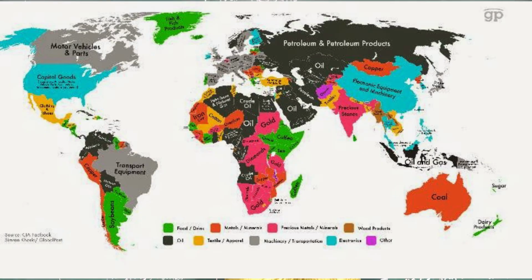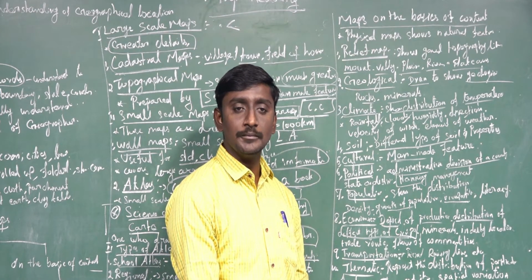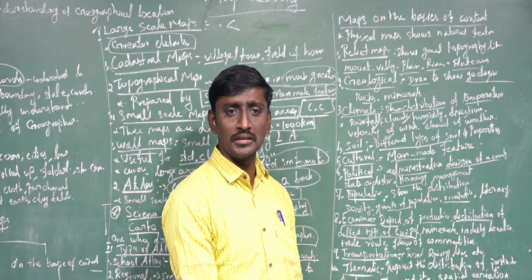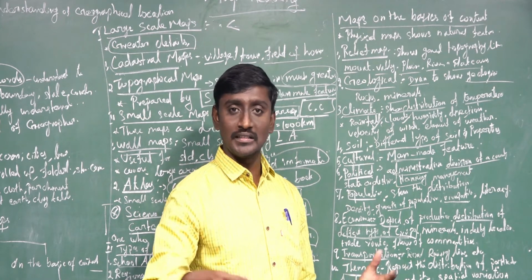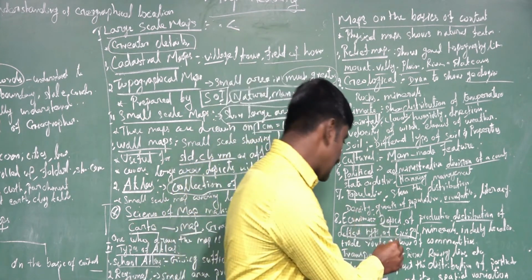Economic maps show the production and distribution of different types of crops. For example, the Punjab people cultivate wheat, but Tamil Nadu agriculture is rice and other food crops.